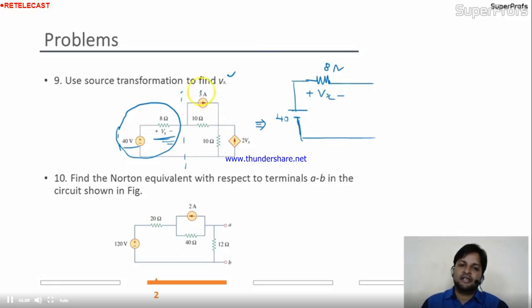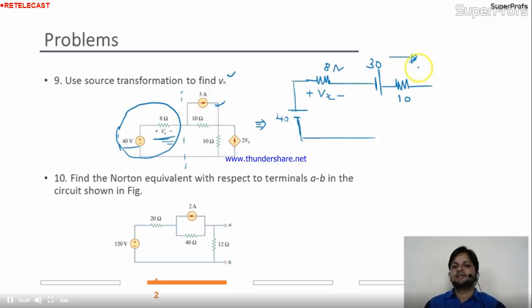Now here this 3 and this 10 I can replace by equivalent voltage source. Okay, this is nothing but 10, and the value of this voltage is nothing but V equal to Ri. R is 10, current is 3, so it is 30, and the direction polarity is this side. Because of this only, the current direction will be like this. In the original circuit, the current direction is like this.